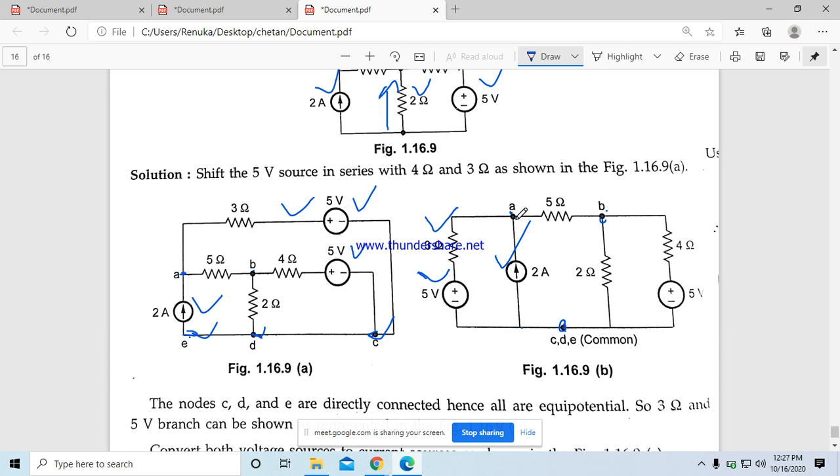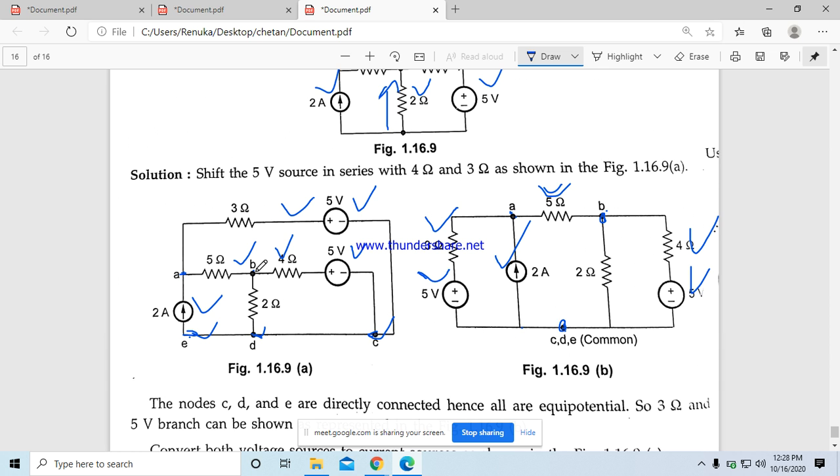Another end of this 5 ohm is connected to B. Next, another end of B is connected to 4 ohm. Another end of 4 ohm is connected to 5 volt. And you can connect the other end of 5 volt here.